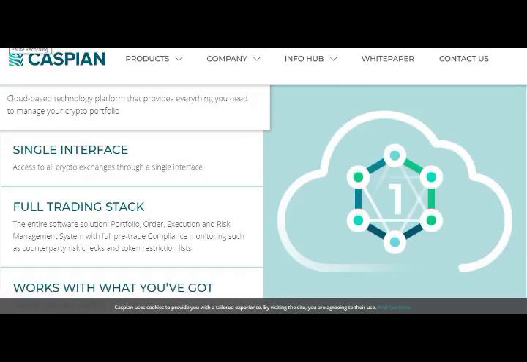Okay, the next thing I'll talk about is application and use cases. The first application is by individual traders. Individual traders are people that trade on a much smaller scale.